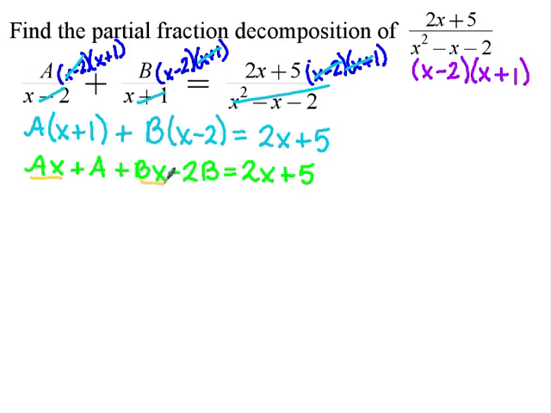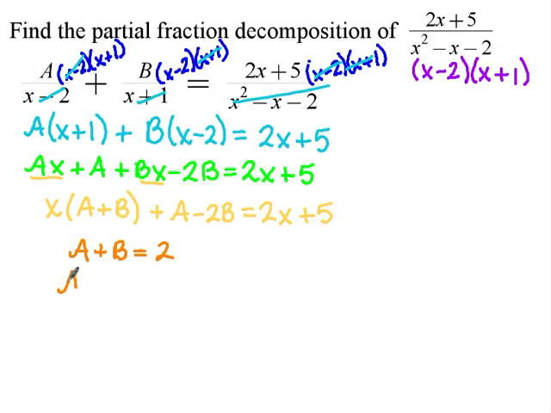And what you could do now to make a shortcut is factor out the x right away here and go x times (a plus b) plus a minus 2b equals 2x plus 5. If you wanted to combine those steps, you could. A plus b equals what then? And a minus 2b equals 5.